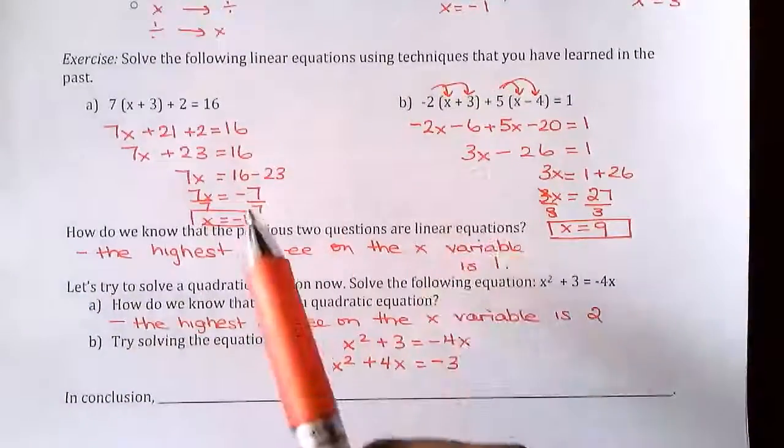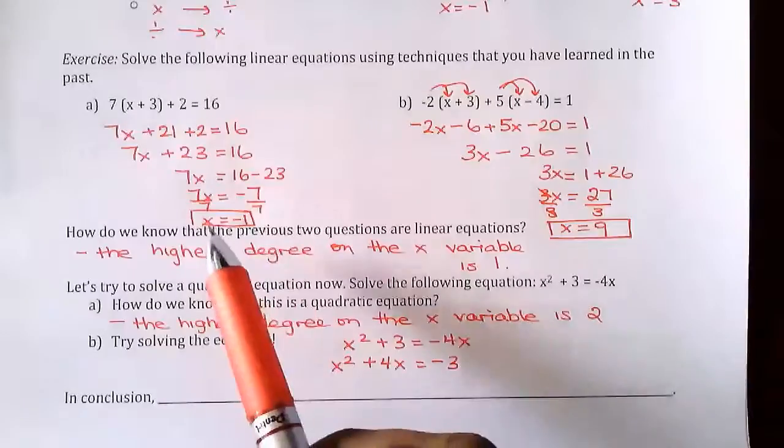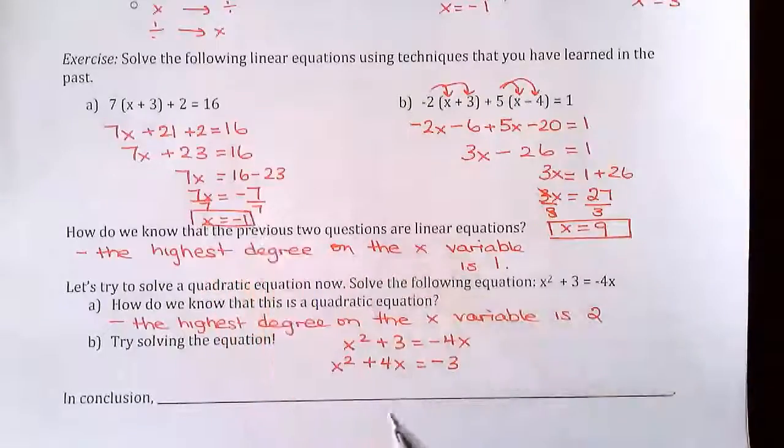Why did we do this? Because that's what we tend to do here. Bring everything with the x to one side and the numbers to the other side. But this doesn't really help us because these are not like terms. We can't really add them. We're kind of stuck. We don't know how to proceed further.